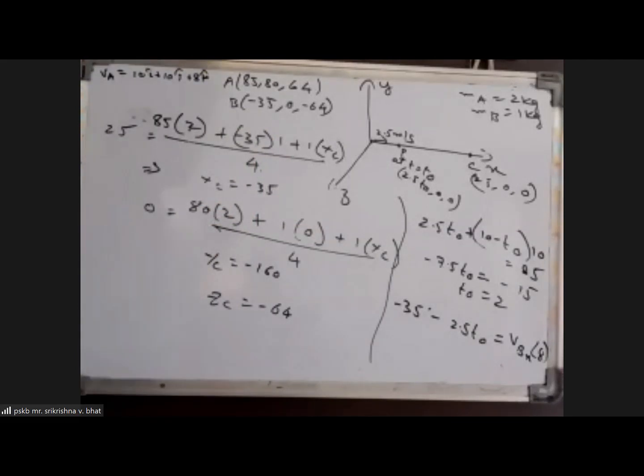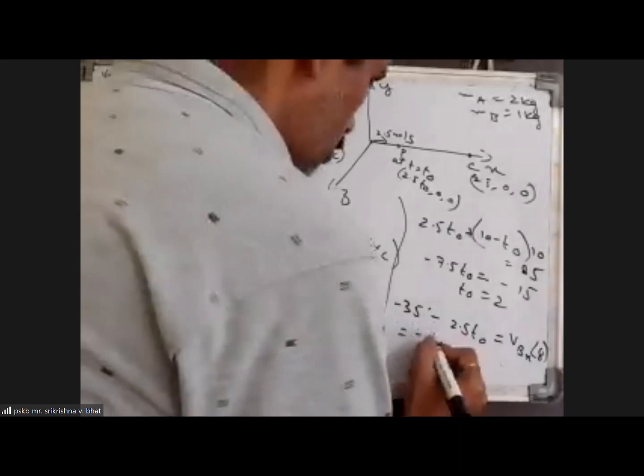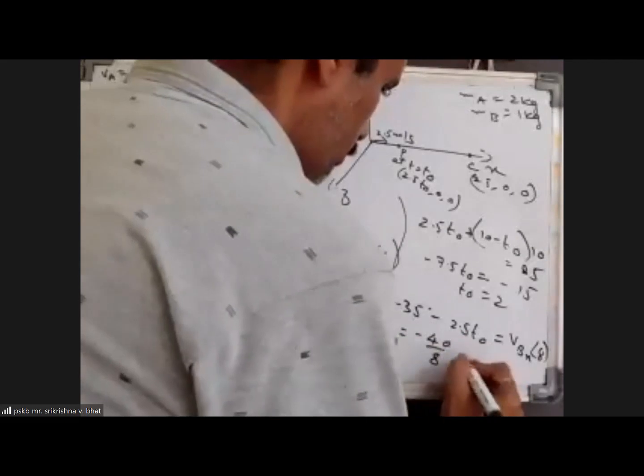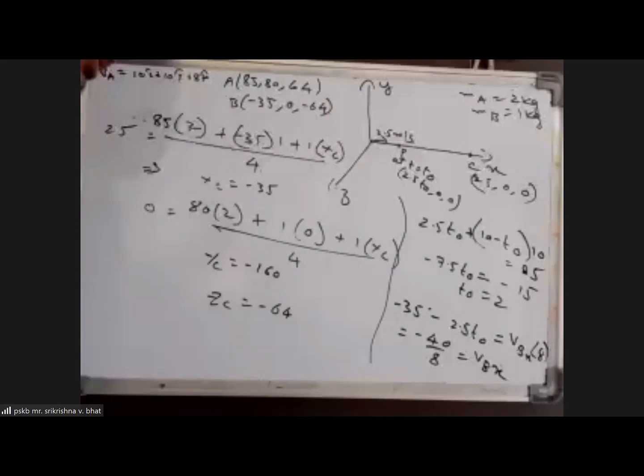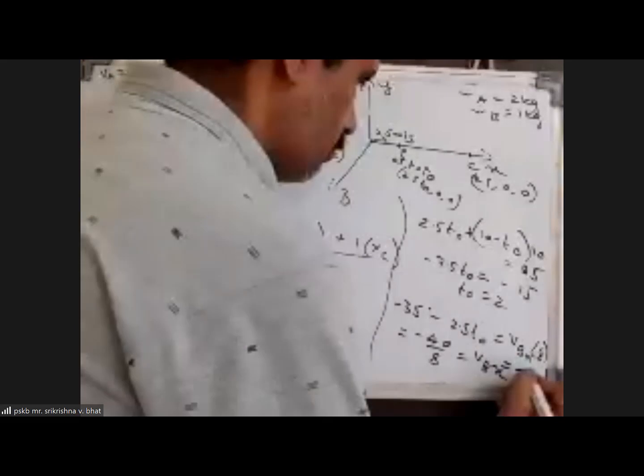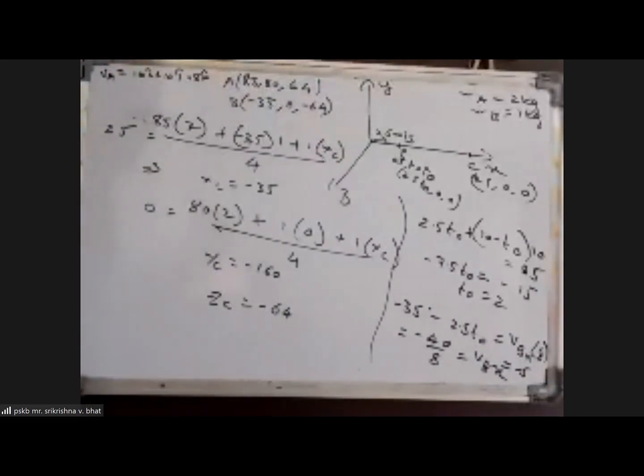So this comes out to be minus 40 by 8. The velocity of B in x direction will be minus 5. This should be the velocity of C also, VCX. They have the same. So now you can find the velocity of B in Y and Z directions also.